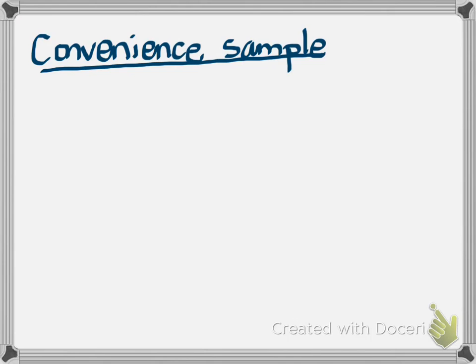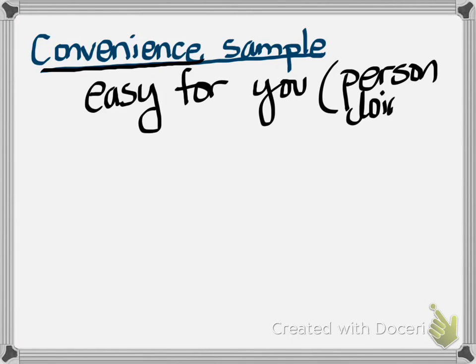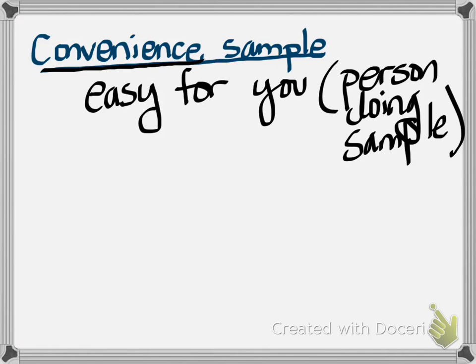So the first type of sample is a convenience sample. And convenience, if you think about what it means in English, it's easy. But it's easy for you, or the person who's doing the sample. It's not random.